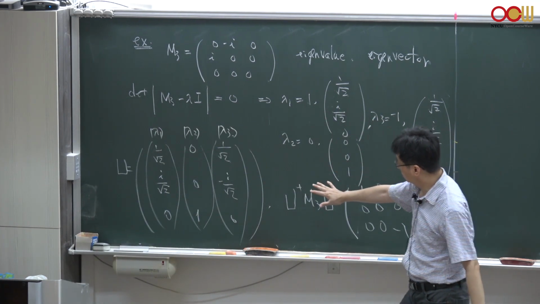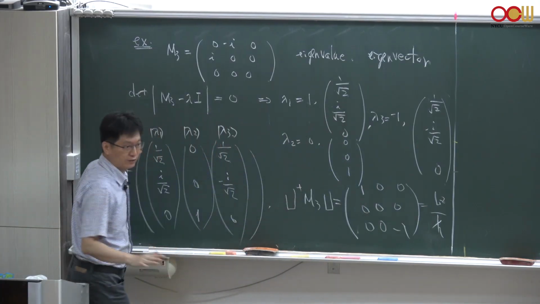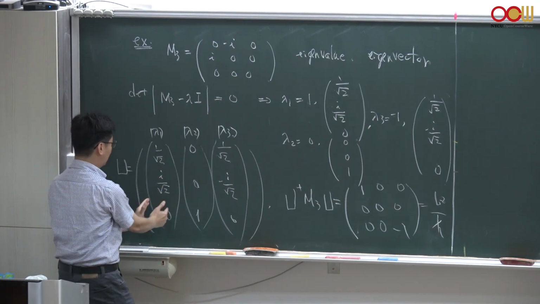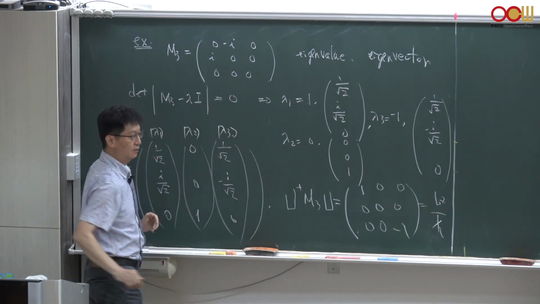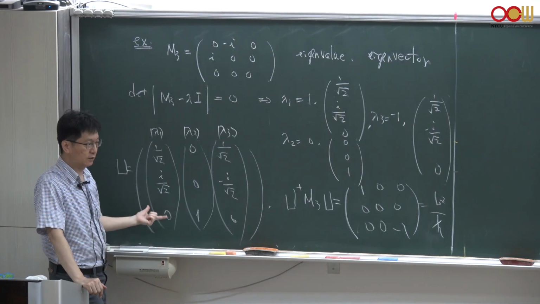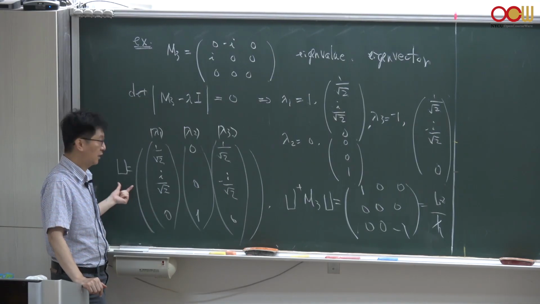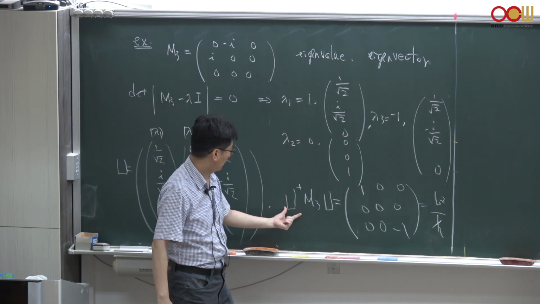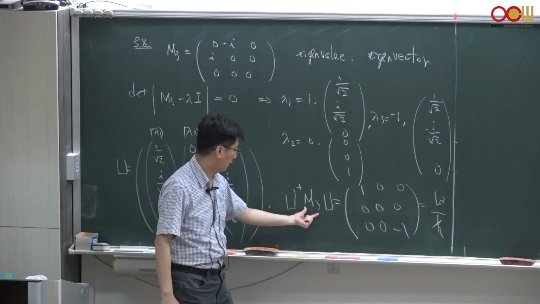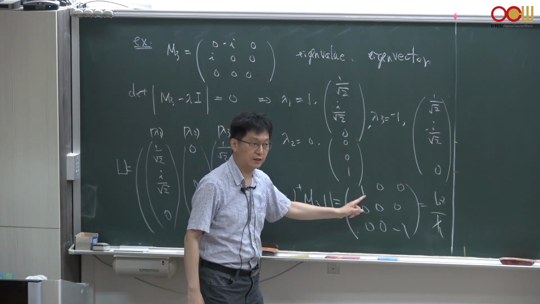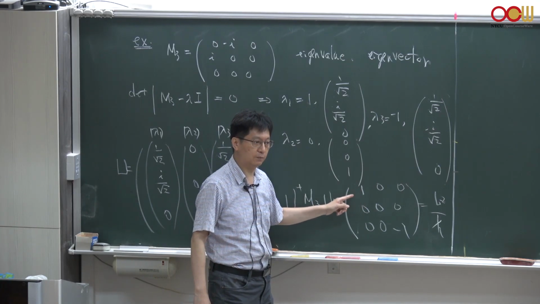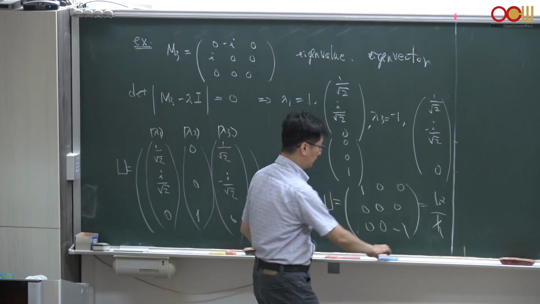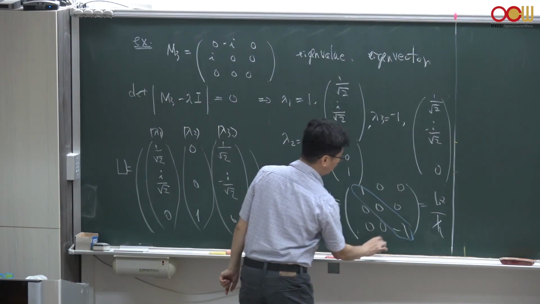You can actually compose the big matrix U, which I just mentioned. In this very simple example, you simply combine these 3 column matrices together, and you define this as a 3 by 3 matrix, which I call the unitary matrix U. And now you just make a matrix product multiplication U dagger M3 U, and you get exactly the eigenvalues of the z component angular momentum when L equals 1, which are 1, 0, and minus 1, appearing along the diagonal directions.